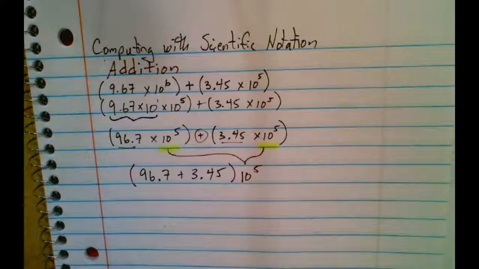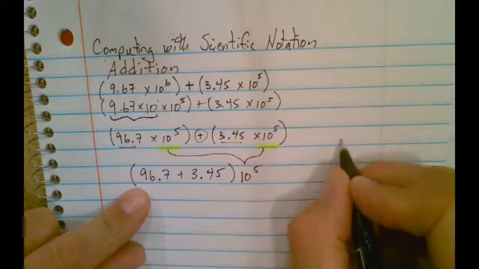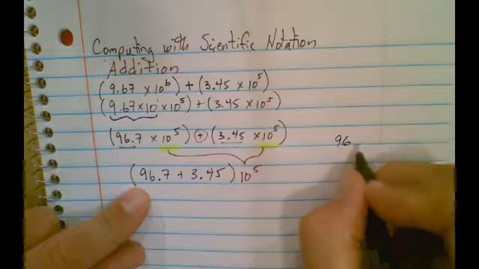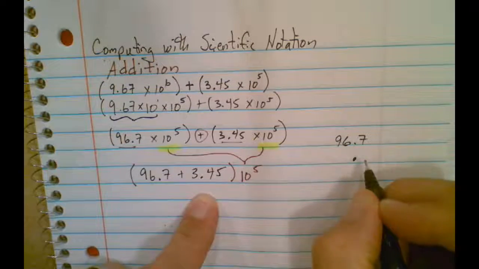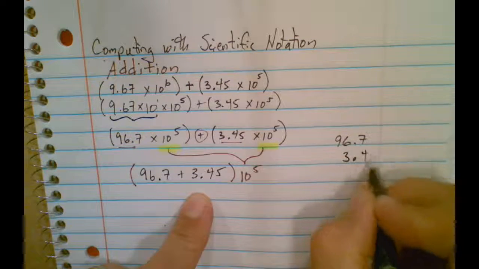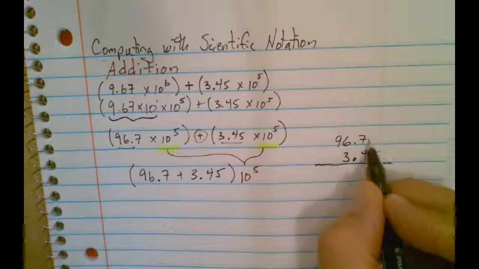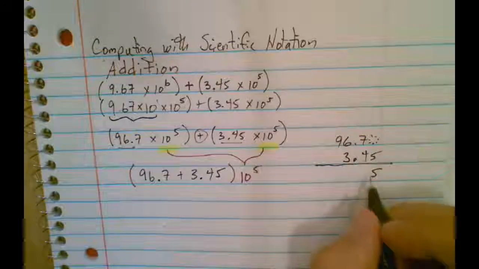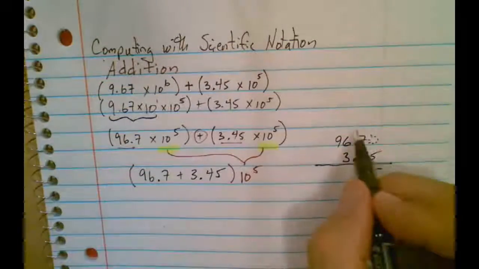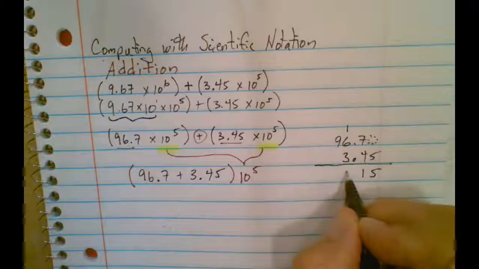Now it looks like an order of operations problem, and that's exactly what we'll do. I'll bring this part over here so we can do it neatly. When we add or subtract decimals, we line up the decimal points. So I'm going to have to fill in a 0 here. 0 and 5 is 5. 7 plus 4 is 11, put down the 1, carry the 1. 1 and 6 is 7, plus 3 is 10.